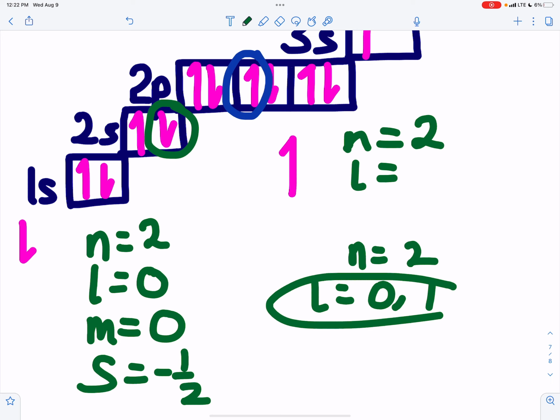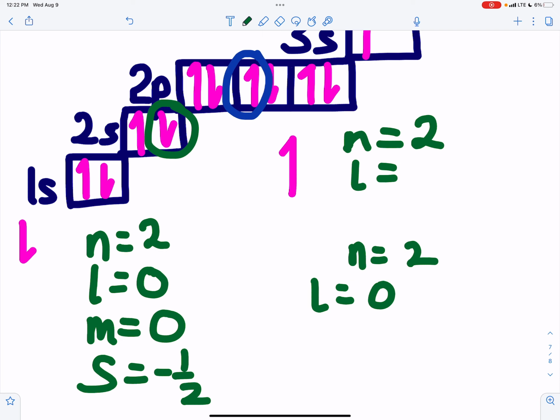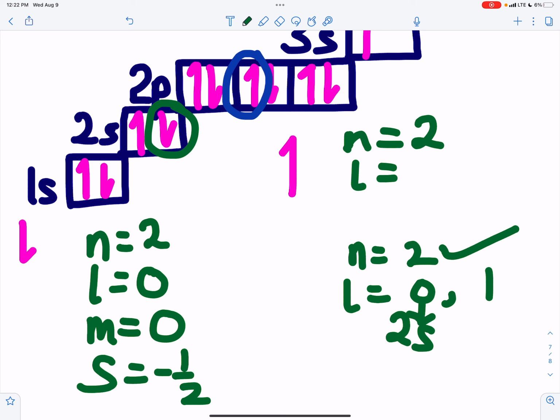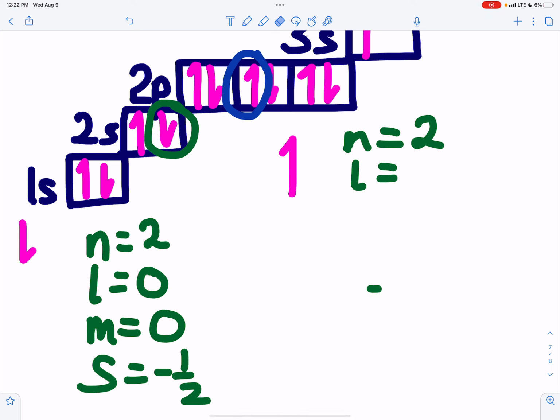These are the possible values of L when n is 2. Meaning that an electron located in the second shell can either be in the 2s subshell or the 2p subshell. This electron we have marked is located in the 2p subshell. So its subsidiary quantum number will be 1. Subsidiary quantum number L is 1.